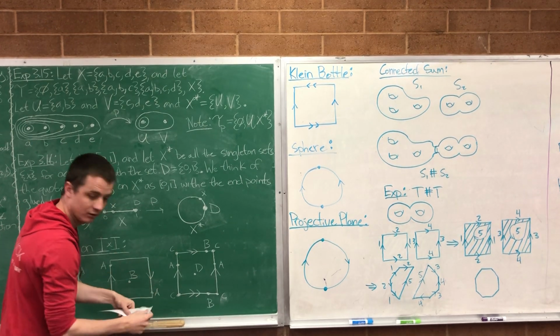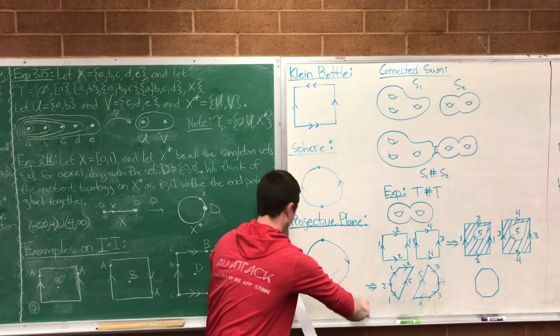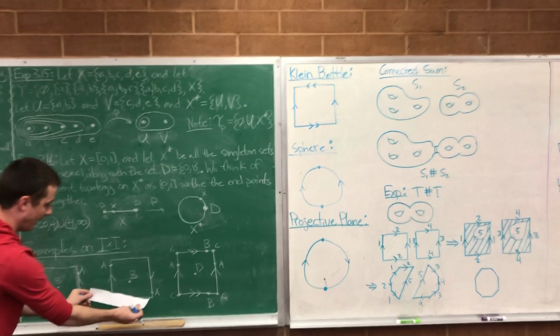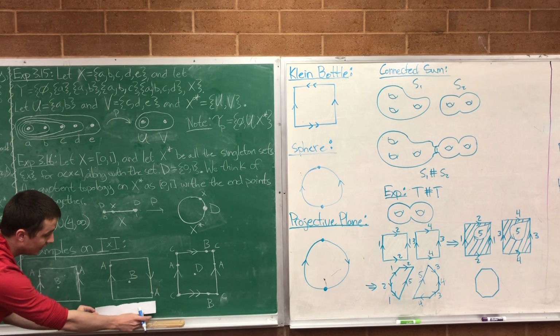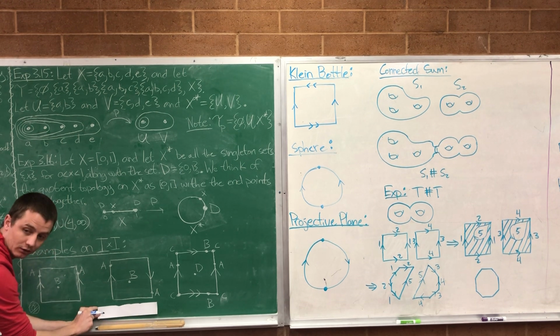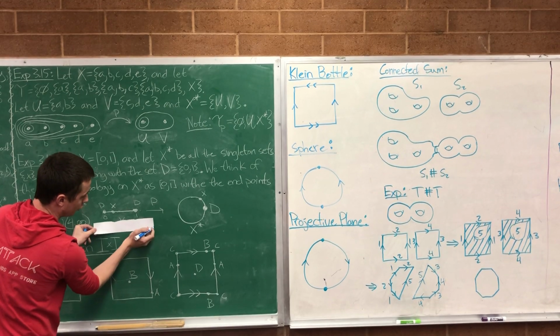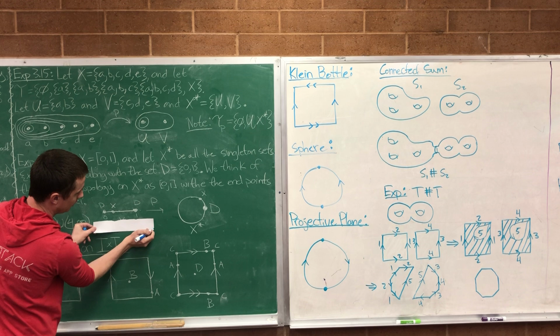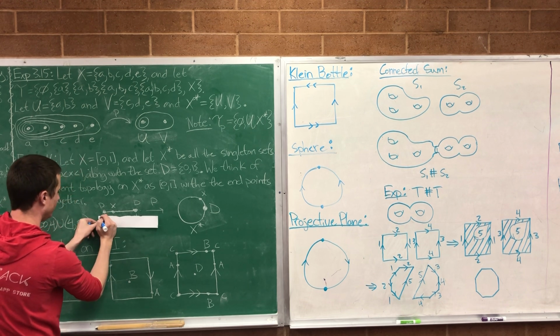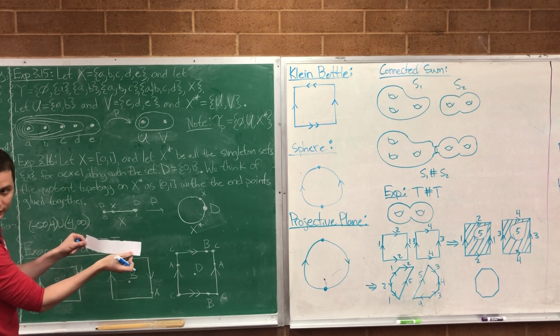I have to identify it. Let's see if I can find this. I have it like this, right? But I need to map it so that the point here is mapped to the point up here. Okay, so I'm going to try and draw a blue dot down and a blue dot up. So those two points roughly need to go together, right?